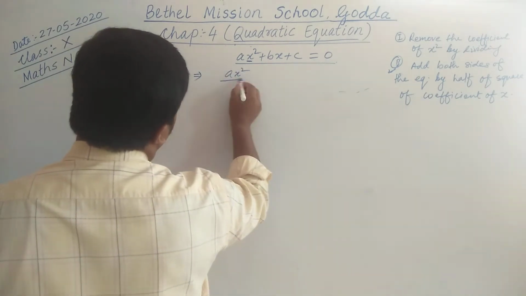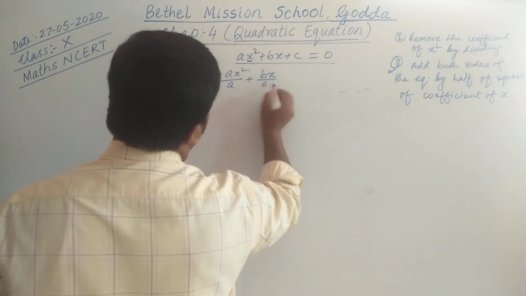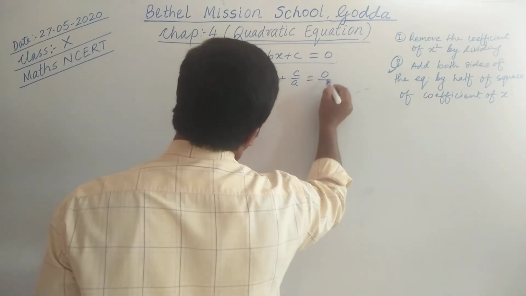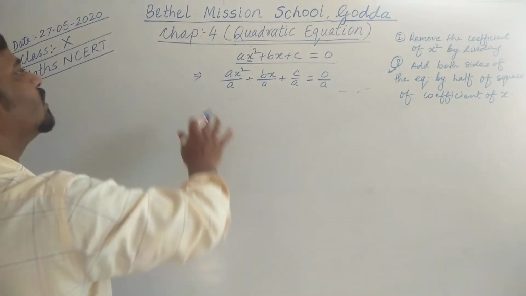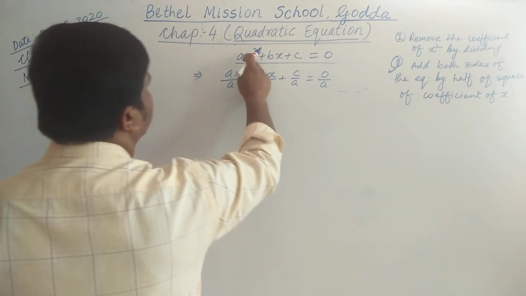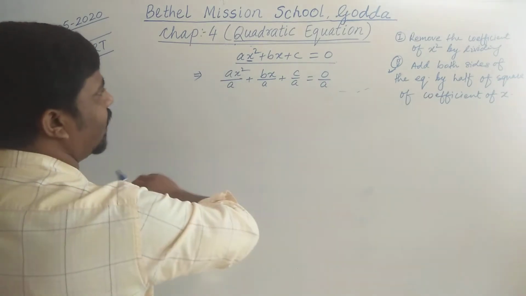So what will it be? Ax square by a plus bx by a plus c by a equal to 0 by a. It means we divide by a because the coefficient of x square is a. That's why we divided it by a, and we divide both sides.